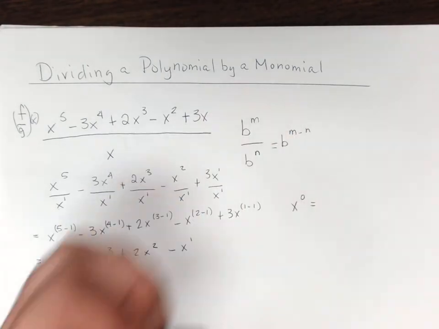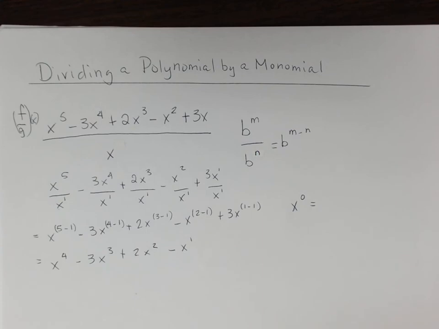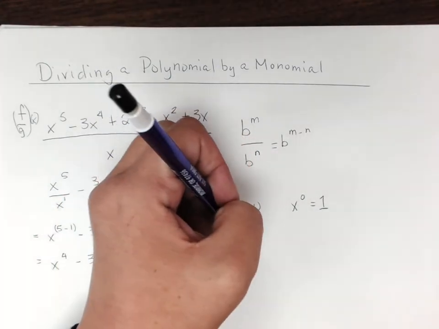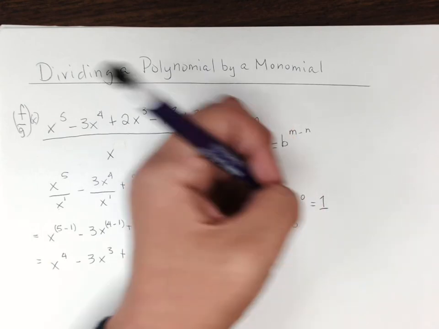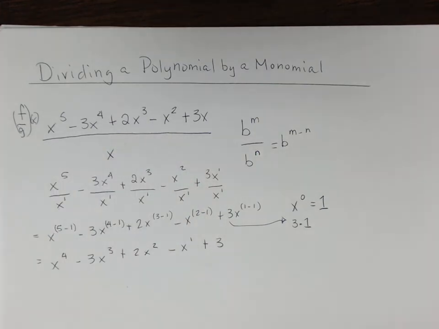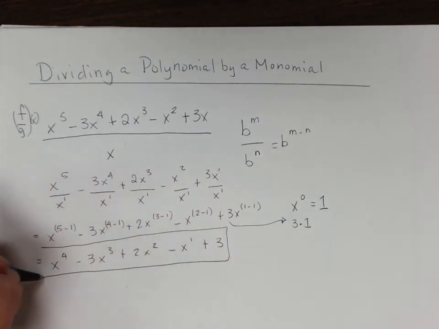And recall that whenever we have any value raised to the 0 power, it is always equal to 1. So this expression here really becomes 3 times 1. So we will just have a plus 3 at the end of our expression. And now we have fully simplified it.